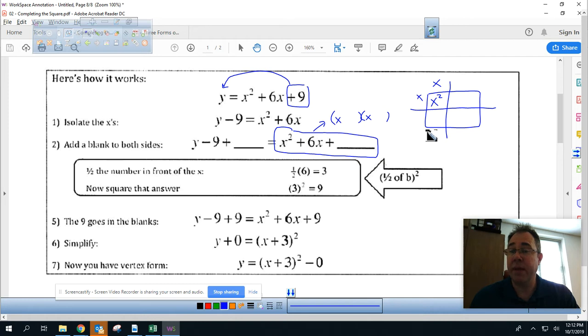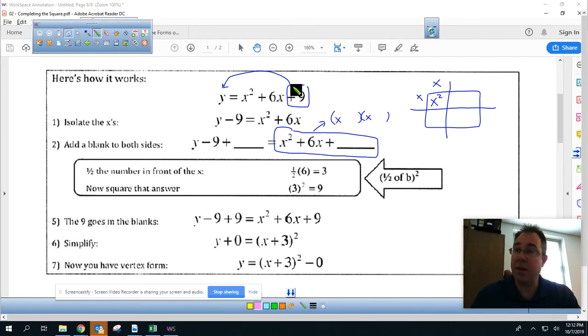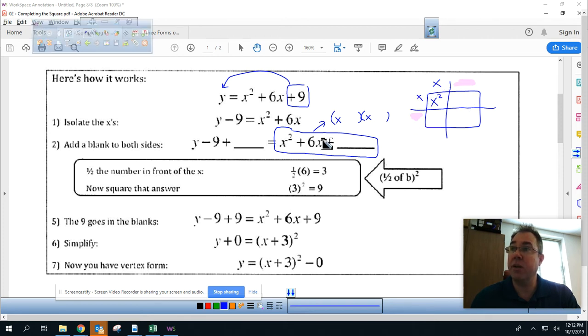If you think of your box method, whatever this number is up on the top should be the same as this number because I want it to be a square. According to our box rules, we multiply rows times column to put a number here, and rows times column to put that number here, and I need 6 in the middle. So obviously this has to be 3x by 3x because 3x and 3x makes 6x. So I'm going to put a 3 there and a 3 there.